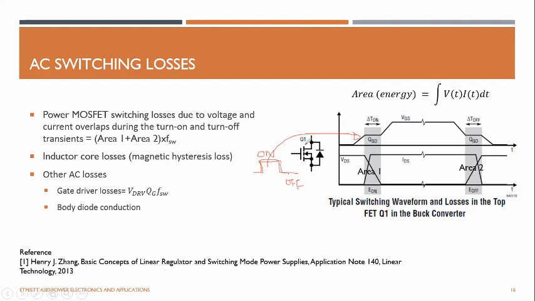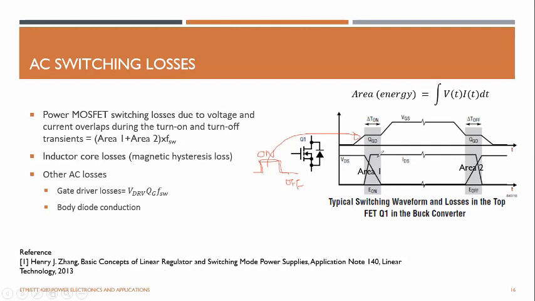The current is increasing when it is turned on, and when it is switched off, the current goes down. There's an overlap time period where the voltage of this MOSFET doesn't go suddenly to 0, it goes down like this, and the current is also ramping up like that.